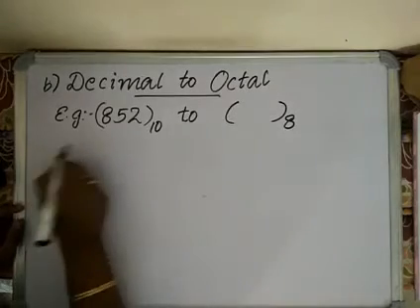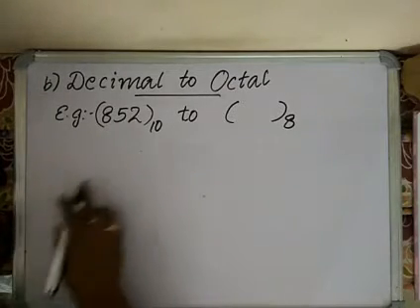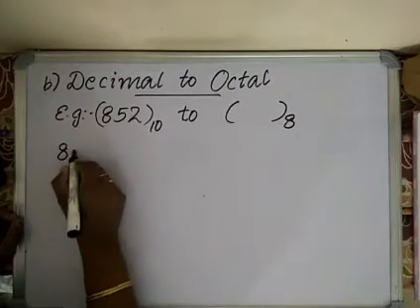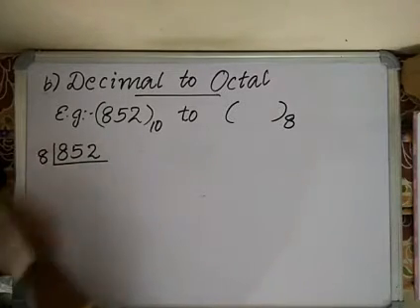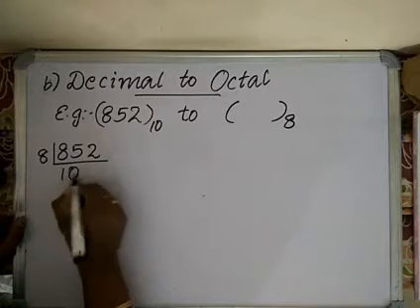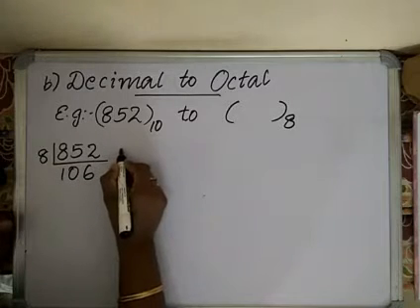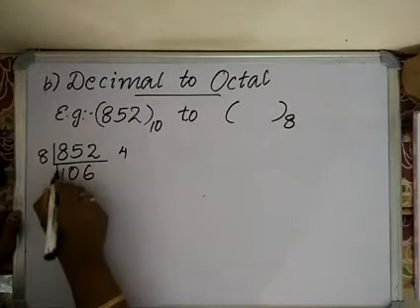Suppose the number does not have any decimal point, so we can do successive division by 8. So we get 106 as the quotient and 4 as the remainder.